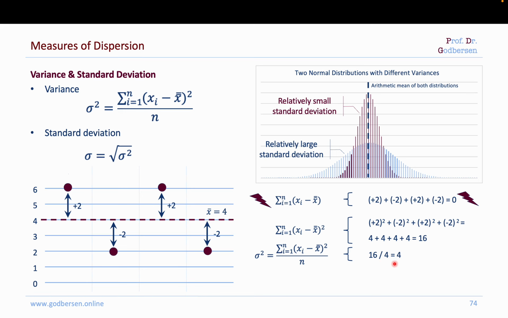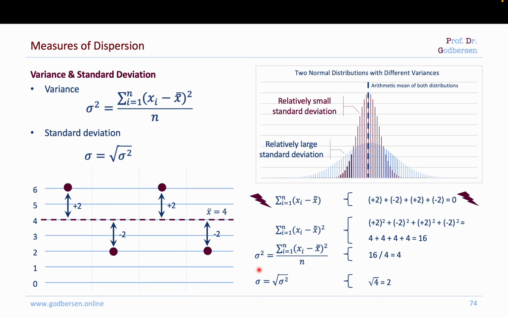Here we can see, wait a moment, our dispersion is not 4. The values are not 4 above and below our arithmetic mean, they're 2. The reason why we have inflated this dispersion is our math trick, the squaring, with which we wanted to get rid of the minus. Now the second math trick comes into play. The antagonist of squaring is the square root.